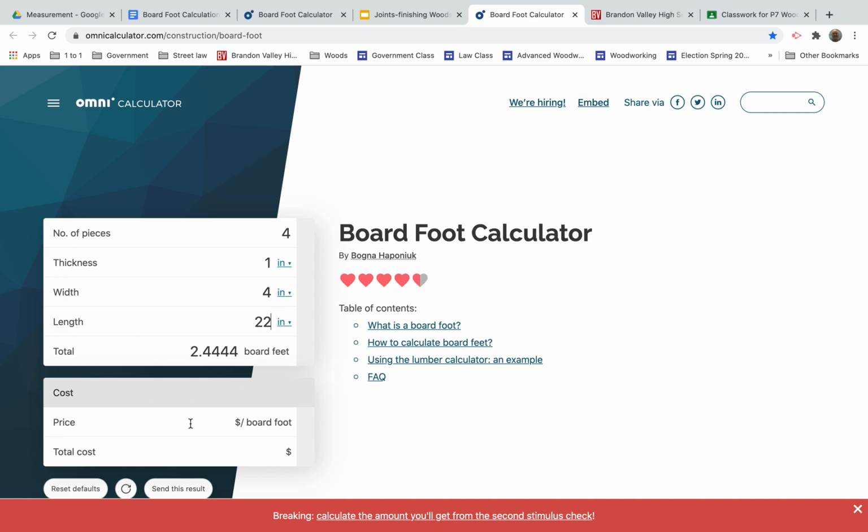So it figures it out really quickly, and then we put in the price of $2.50 a board foot. Those 4 boards would cost us $6.11. So we can do this fairly easily.